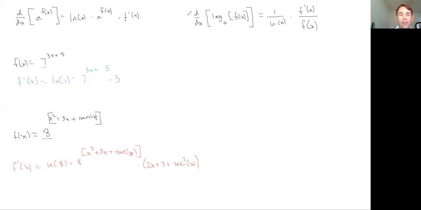All right, well, let's have you guys try a couple more that are dealing with logs. Let's try, how about this? F of x equals log base 3 of 4x minus 7.